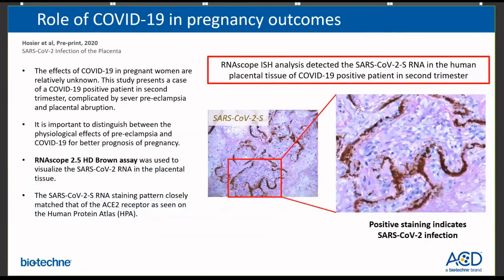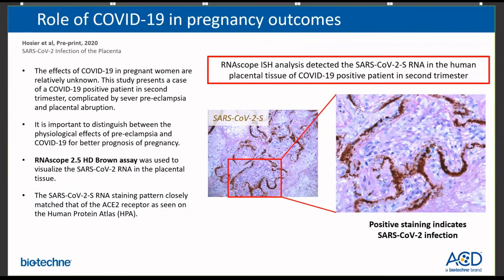And this is another image from a paper coming out of Yale School of Medicine. This is a case of a COVID-19 positive patient, and she was in her second trimester, complicated by severe preeclampsia and placental abruption. So the researchers at Yale Medicine wanted to distinguish the effects of preeclampsia and COVID-19 so they could better prognose the pregnancy.